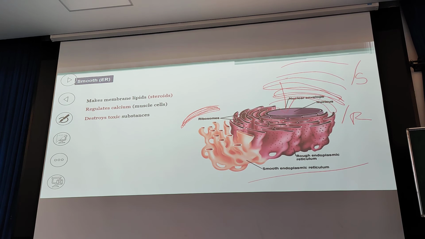Thận. Why thận? This is more smooth ER. Like the macrophage. Why do macrophages have more smooth ER than other cells?